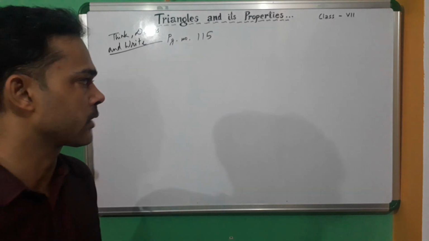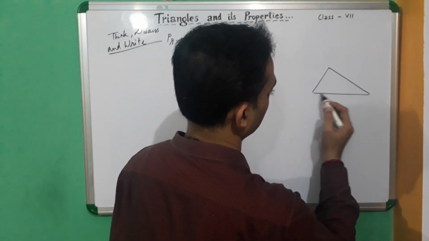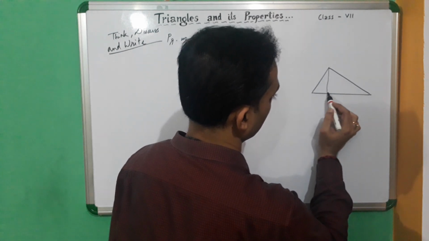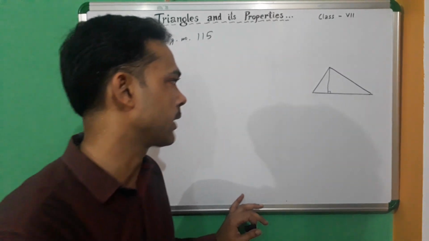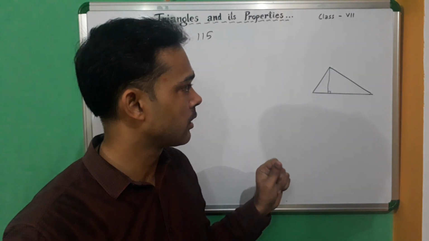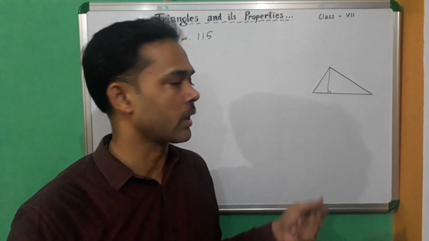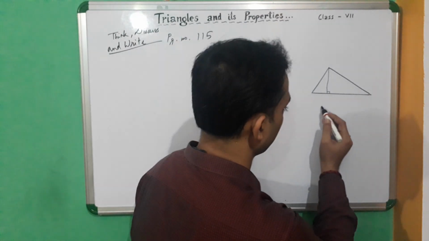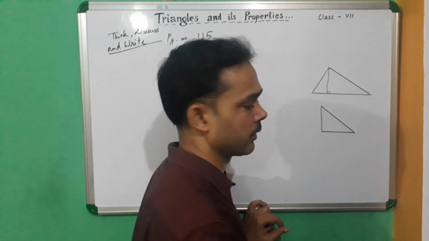In altitude, what happens is that from one vertex you draw a line perpendicular to the other side. So this is the altitude. Since it is an acute angle triangle, you can see that the altitude is inside.